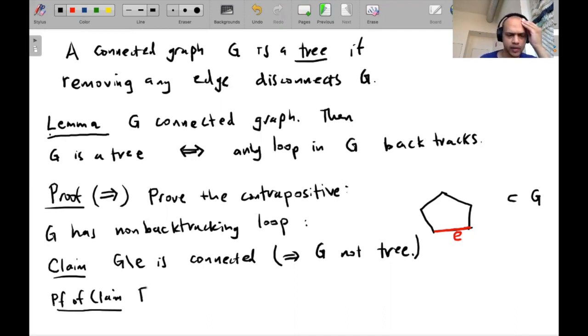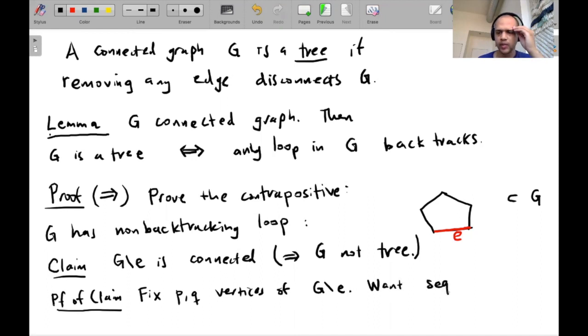So let's fix vertices of G minus E. And we want a sequence of edges in G minus E connecting them.